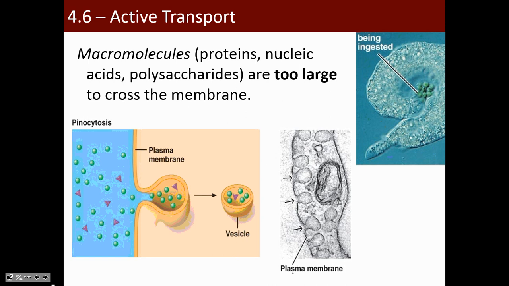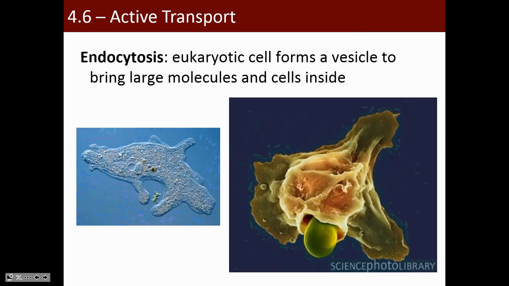So anything that's too large to cross the membrane, even with a transport protein, is going to have a separate energy-driven process. If something is entering the cell, it's endocytosis, so it enters into the cell. So endo is to the inside. And so in endocytosis, the cell actually forms a vesicle around something and brings it inside.